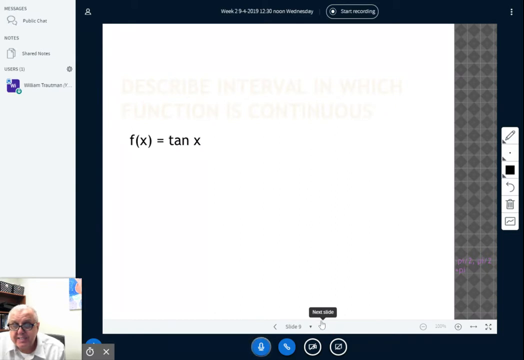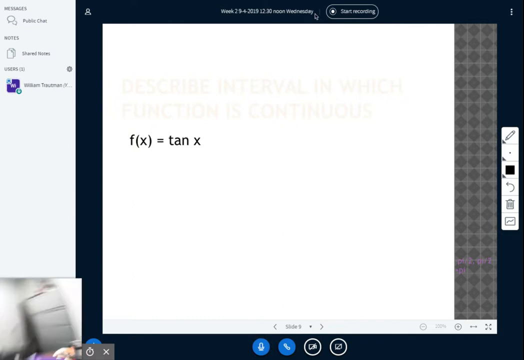So let's discuss the continuity of this function. So I'm going to graph tangent x on my calculator just to show you this really quick.